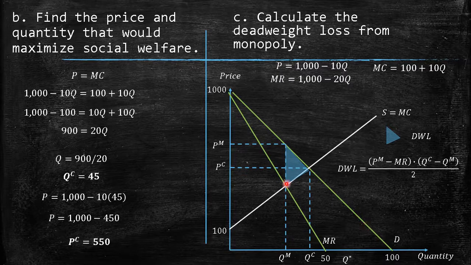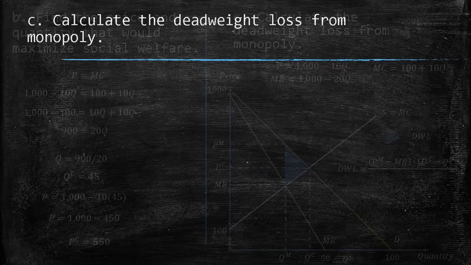It should be a triangle, whose area is equal to base times height over 2. So we have here price monopolist minus marginal revenue, times the height, which should be competitive quantity minus monopolist quantity, over 2. So we just replace them.